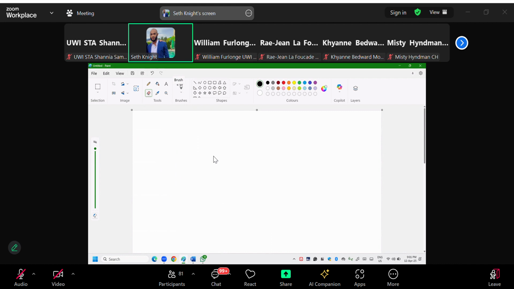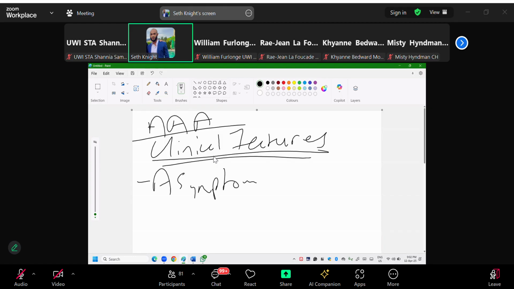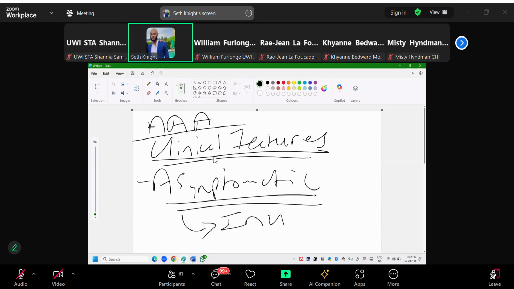What else do you need to know about AAA, abdominal aortic aneurysm? Well, you need to know about the clinical features. A lot of patients are asymptomatic. This is actually the most common presentation. It is usually an incidental finding on imaging.